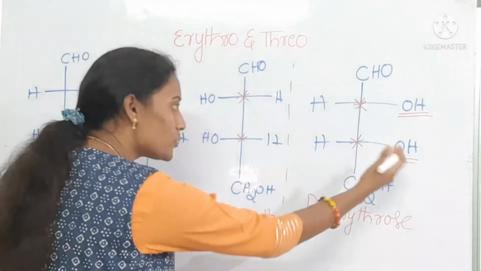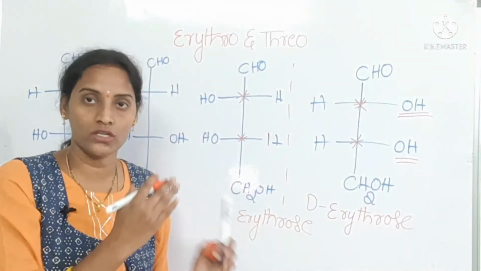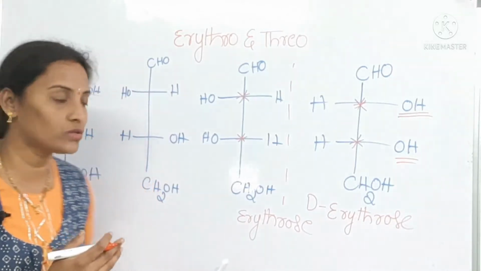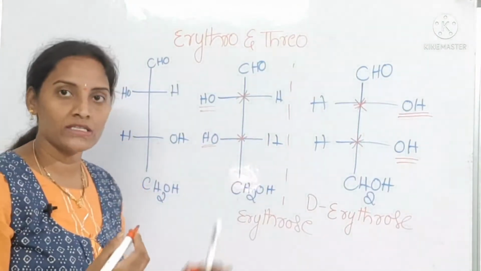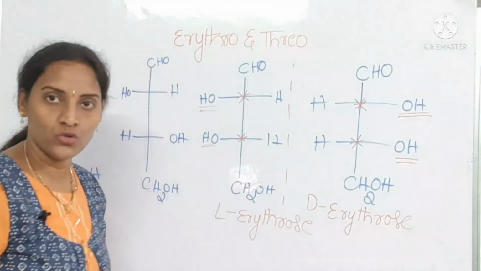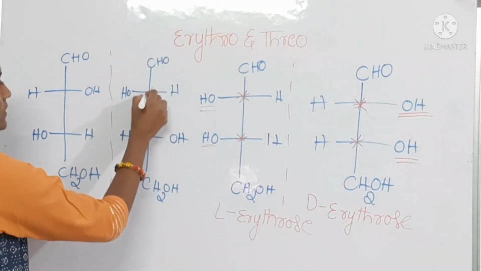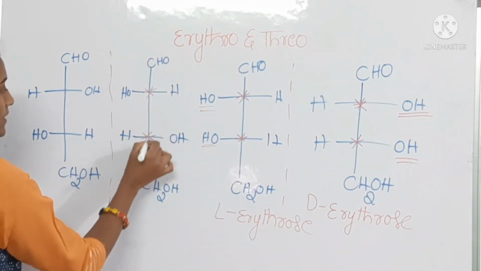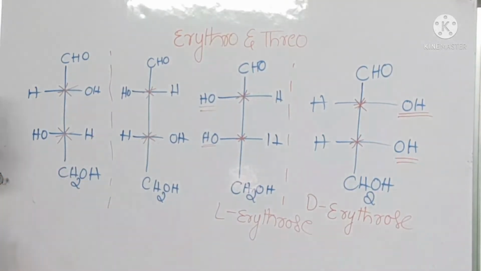Because they are present on the same side, so this one also comes under erythros. Here the OH functional group is present on the left side, so you can write L erythros. Okay, coming to this one, here this is one stereo center, this is another stereo center. These two are the mirror images.